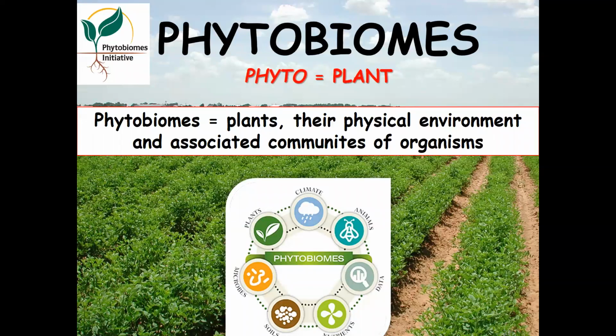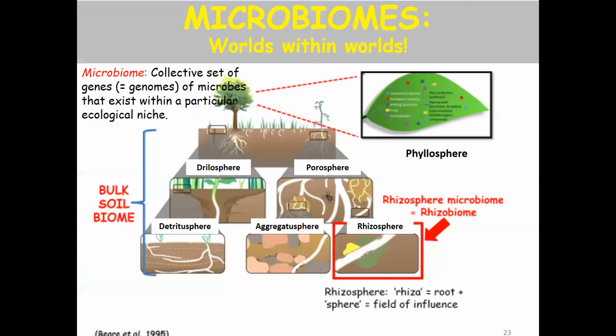So microbiomes are all basically put into one cluster termed a phytobiome, phyto meaning plant. So phytobiomes represent plants, their physical environment, and associated communities of organisms. These little microbiomes are actually worlds within worlds.